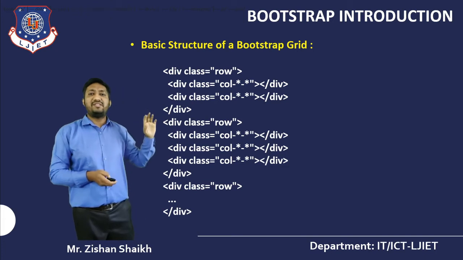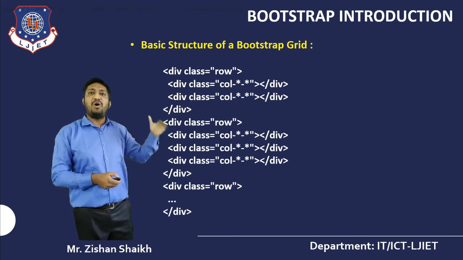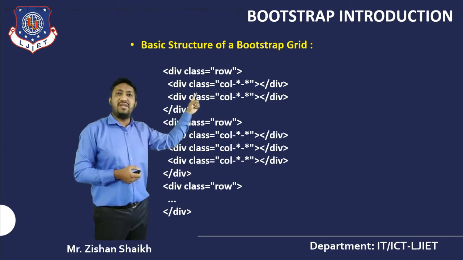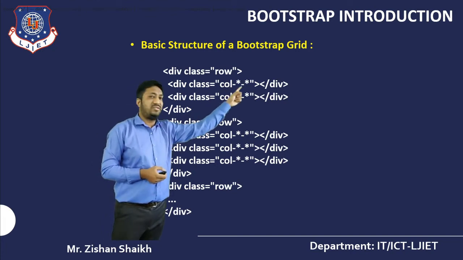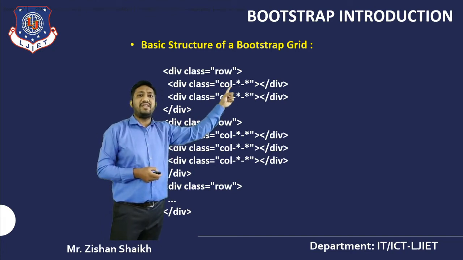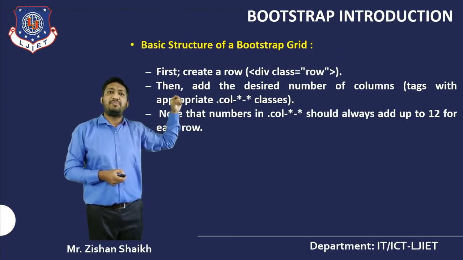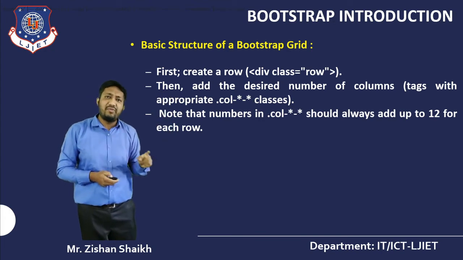That is the responsibility of this div class: in the first row, how many columns are required. The basic structure is div class equal to col, then there are 2 asterisks. The first and second asterisk say what types of data I require.